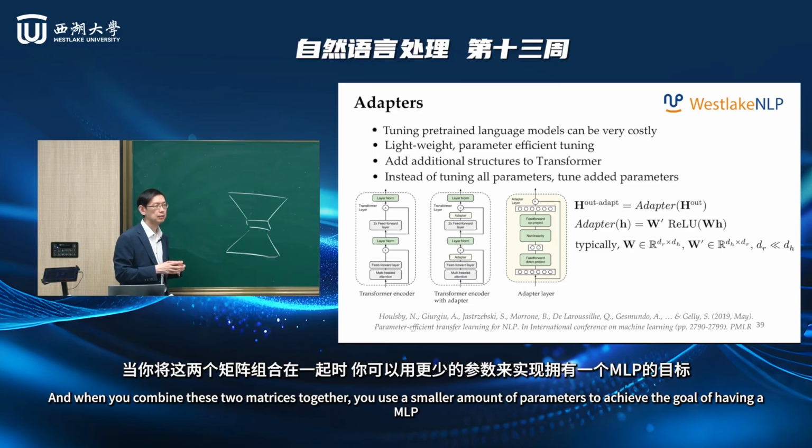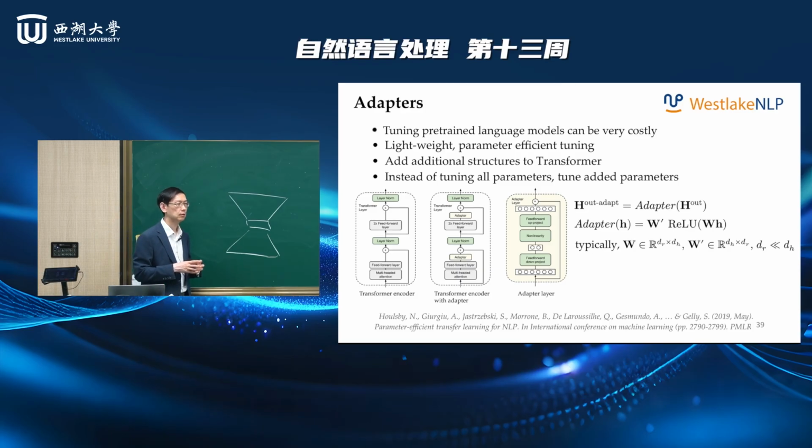And when you combine these two matrices together, you use a smaller amount of parameters to achieve the goal of having a multi-layer perceptron, an MLP.